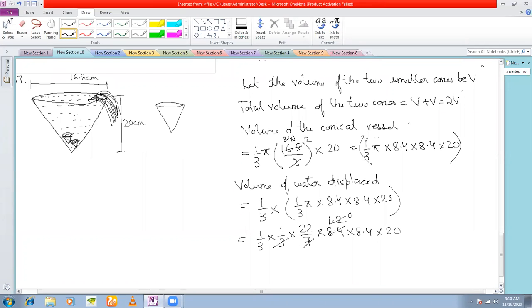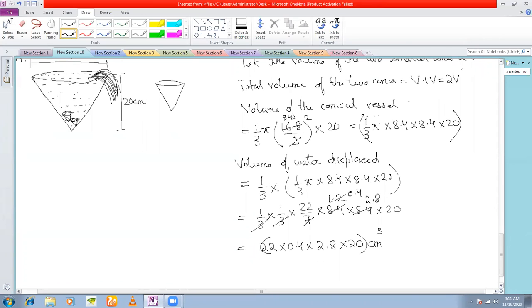So 1.2 will cancel with 3, 4 times, and again this 3 will cancel with 8.4, 2.8 times. So what are you getting at last? You are getting 22 into 0.4 into 2.8 into 20. This is the volume of water that is displaced, in centimeter cube.